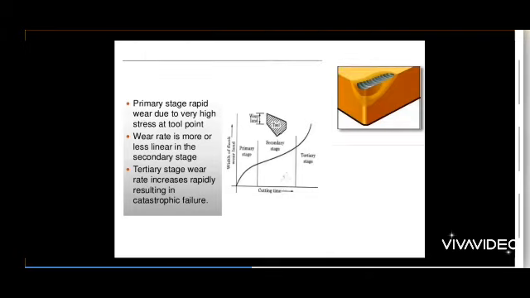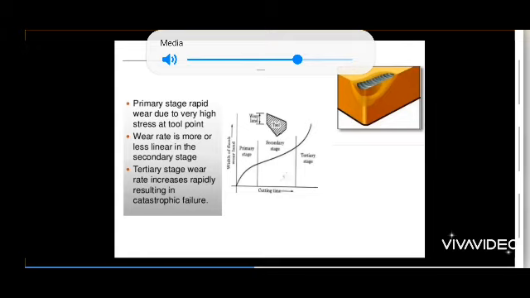Okay. The graph shows how long you can sustain this wear during machining. So see here, in the y-axis it is given width of the wear line. As I told you, if it reaches 5 to 6 mm width, then it will enter into the critical region. It is divided into primary stage, secondary stage, and tertiary stage.